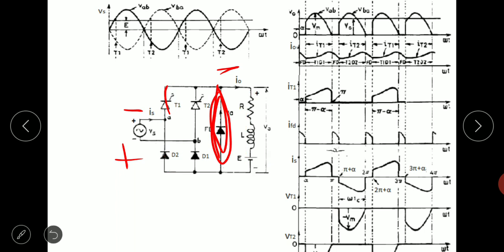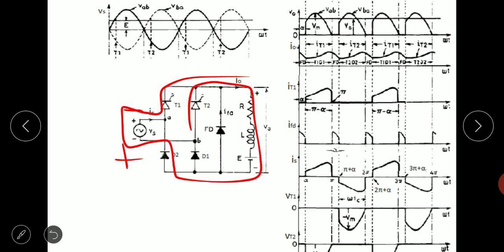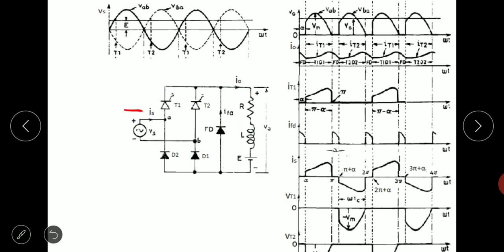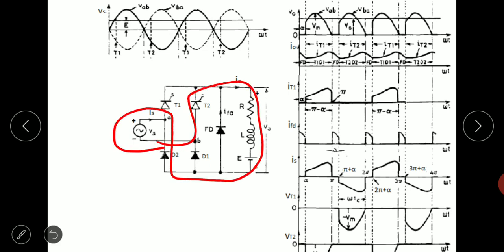When T2 and D2 are conducting, through this path, thyristor T1 gets reverse biased because of the negative supply voltage.